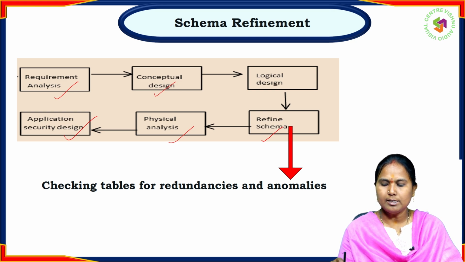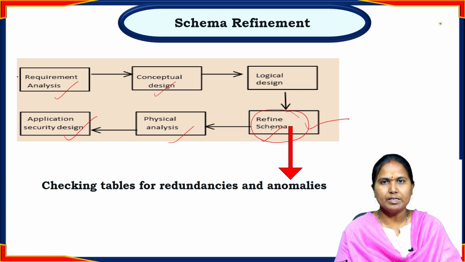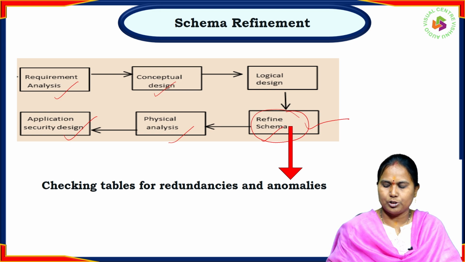Among these, the refinement of schema plays a major role. Why? If any problem occurred during logical database design, it can be identified with the support of schema refinement. The purification of the structure of the database is defined by the schema refinement approach.